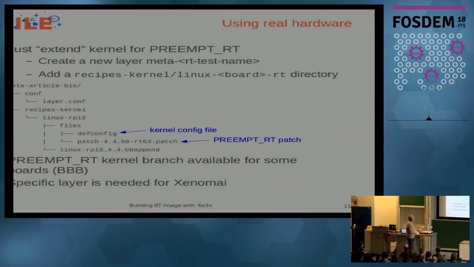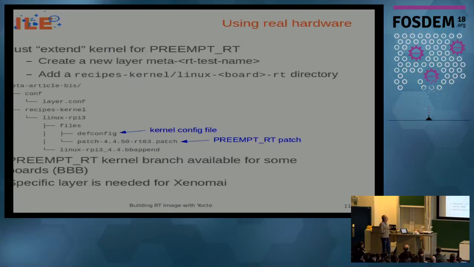PREEMPT_RT is very simple because you just have to patch the kernel. So we create a new layer with the test name, and you add a recipe for the kernel with an extension of the recipe.